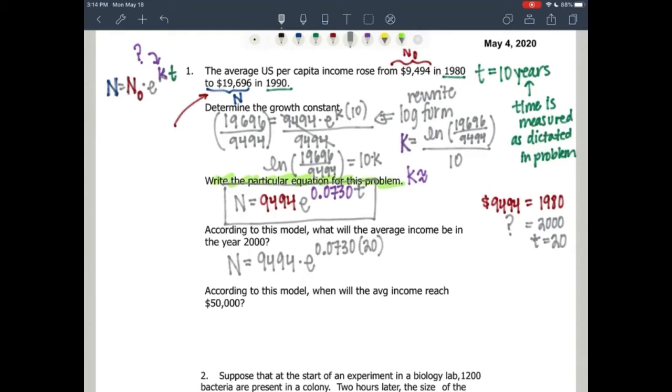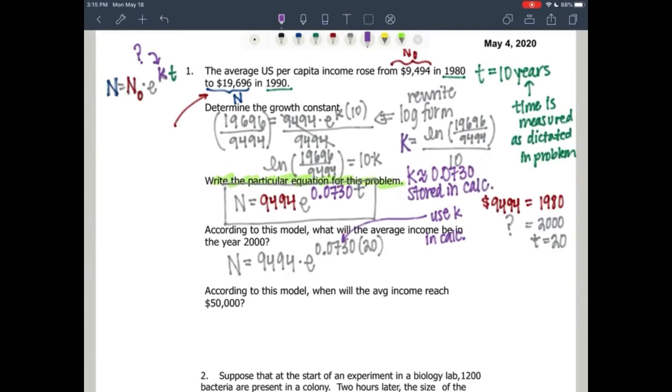However, I'm not going to type in 0.0730 into my calculator. I'm going to use K. So use K in the calculator. We stored it. It was approximately 0.0730, but we stored the exact value in that calculator.